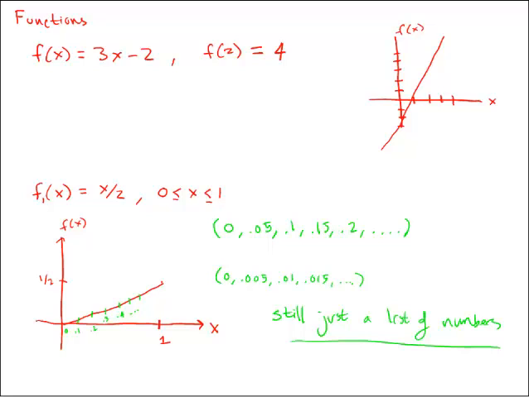Therefore, the function is a list of numbers, or, as we like to call it, a vector. Is that crazy? Yeah, it's pretty crazy, and I'm not going to go into the math to actually prove that, but hopefully the intuition makes some sense.